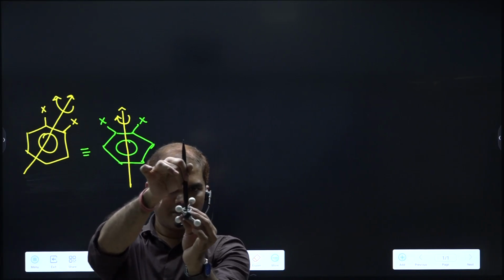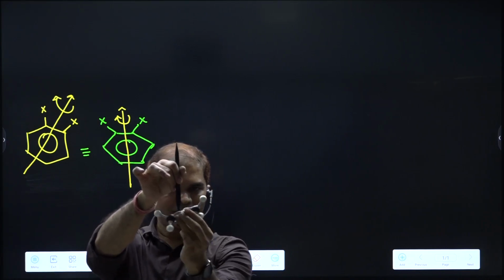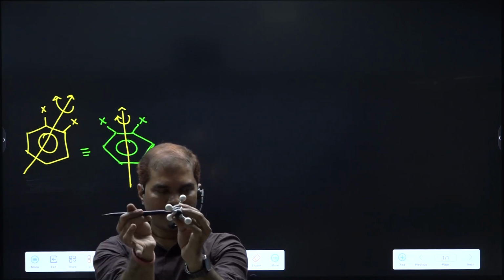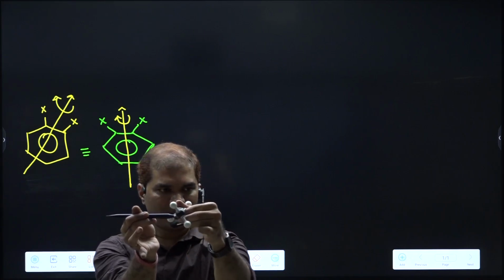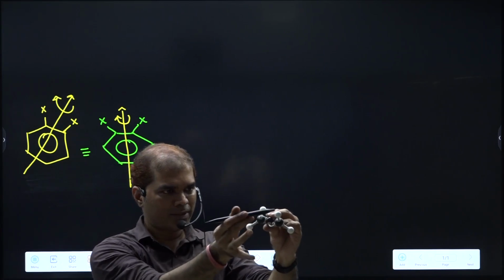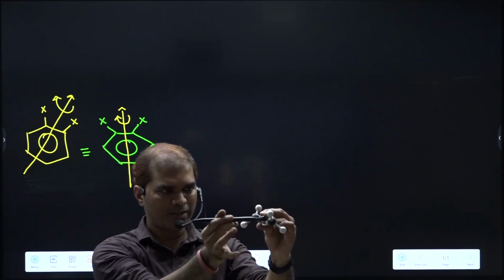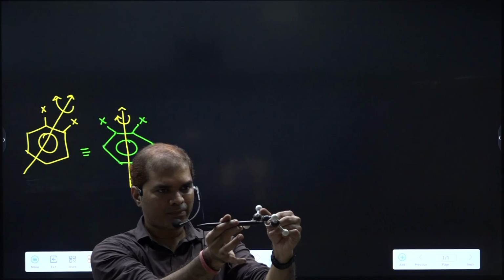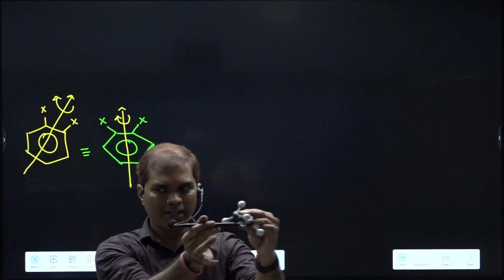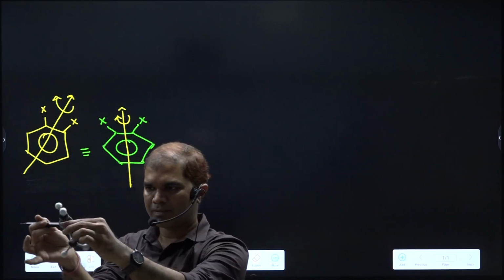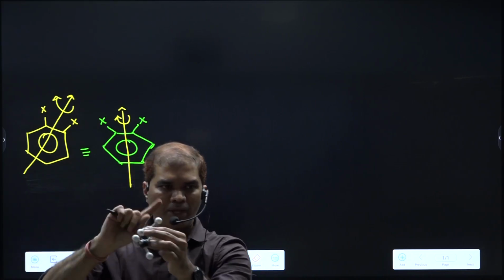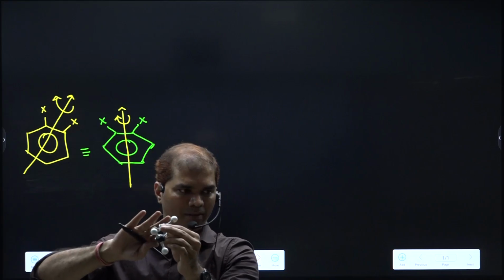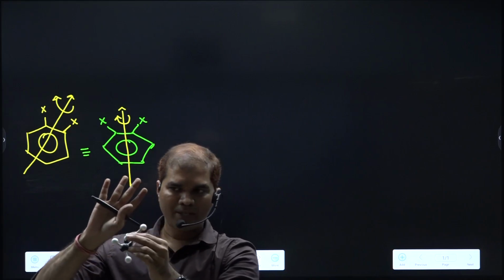Okay. So is this present now? Yes. I am passing another C2 from here. Is it present? Yes. Take a reference of this, or take any reference. Is that exchanged by another identical hydrogen? Yes. So holding or imagining the molecule in a proper orientation is very, very important.